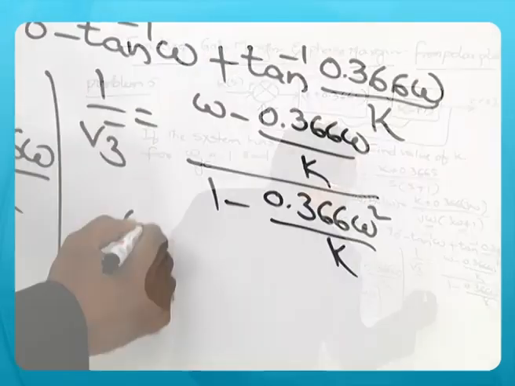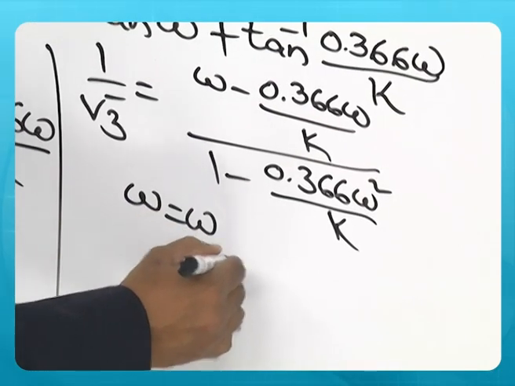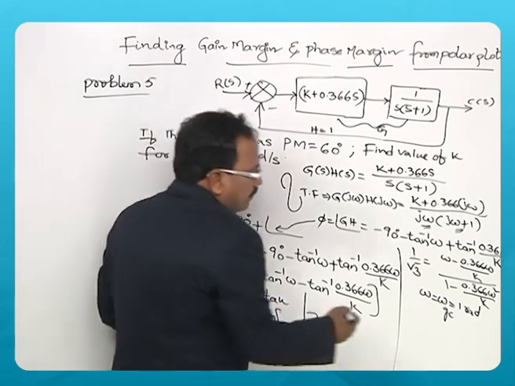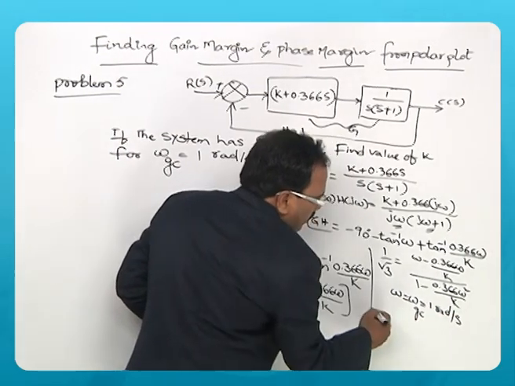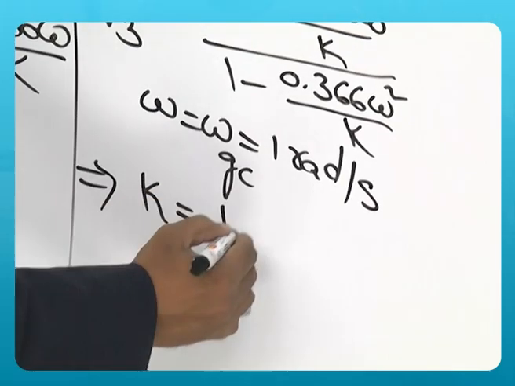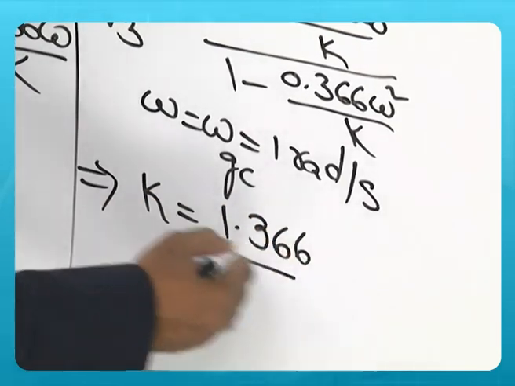You need to substitute omega equal to omega GC, that is 1 radian per second, and you can get the value of K, the gain constant, as 1.366.